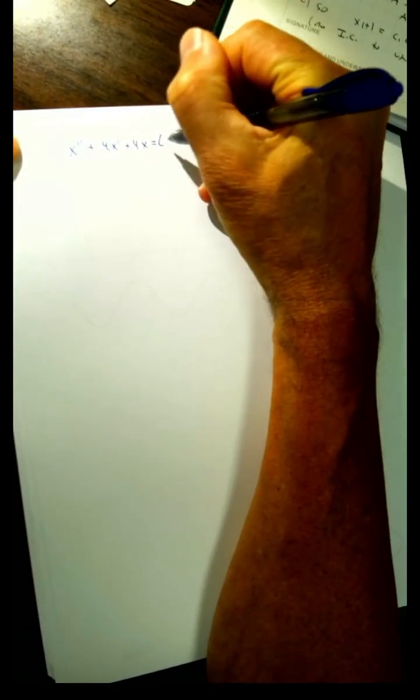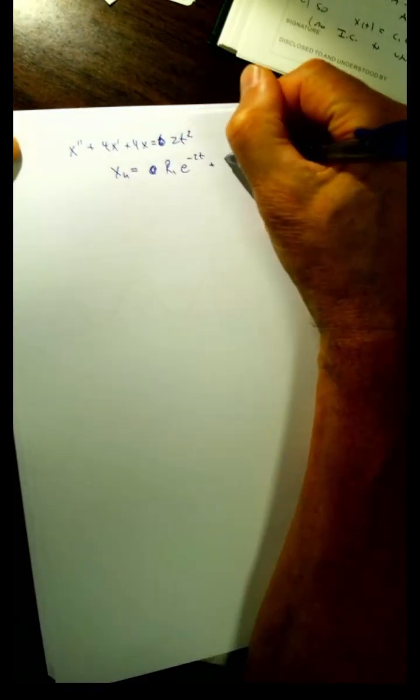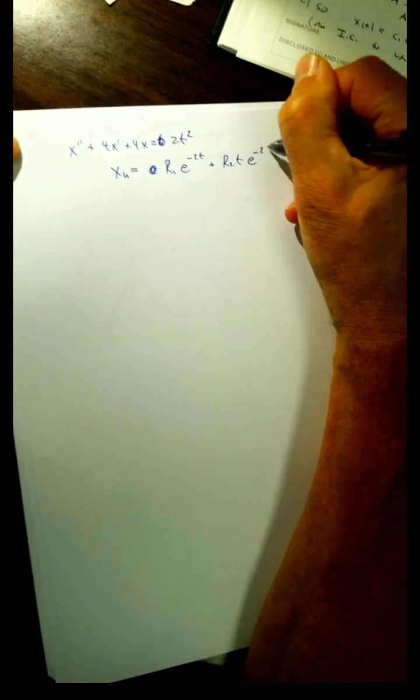So our differential equation was x double prime plus 4x prime plus 4x is 2t squared. My homogeneous solution is r1 e to the minus 2t plus r2 t e to the minus 2t.